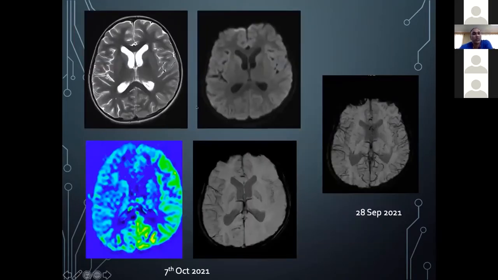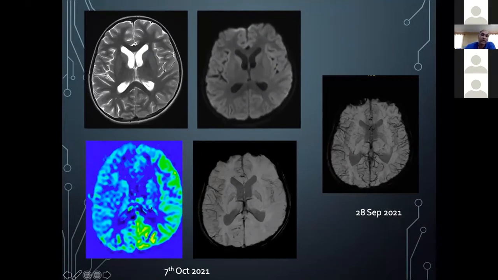But now you see there's no diffusion abnormality, there's hardly any T2 weighted abnormality, and this was the SWI on 28th September, and this is the SWI on the day when he had a seizure. And you can see the blanched appearance on the entire left cerebral hemisphere, and on ASL you can see there's increased perfusion in the left hemisphere.